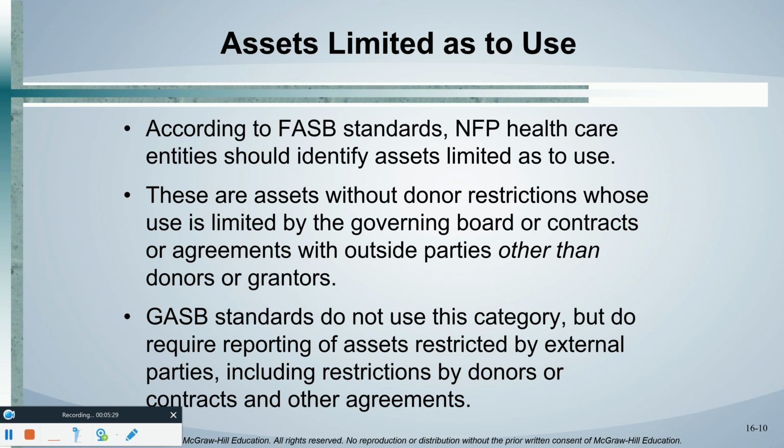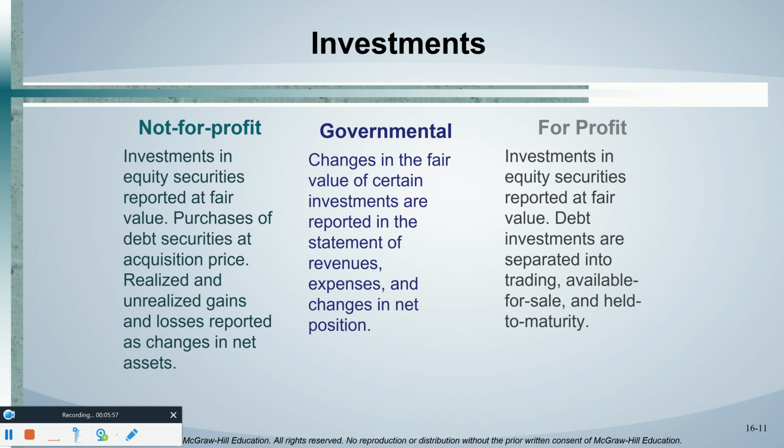So it's unrestricted in terms of the donor or the grantor, but the board or some contract that we sign actually limits what we can do with these funds. This would be very similar to what we learned in the proprietary fund chapter. If you recall, that GASB statement had an asset called restricted assets on it. That would be the comparison.